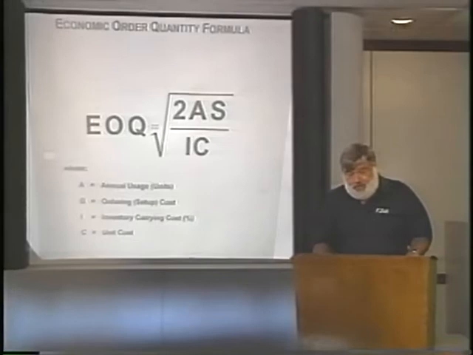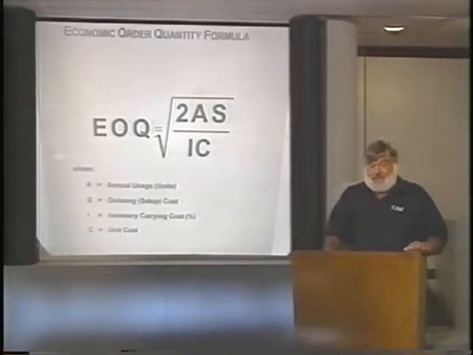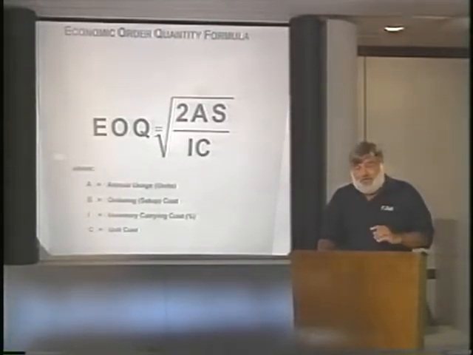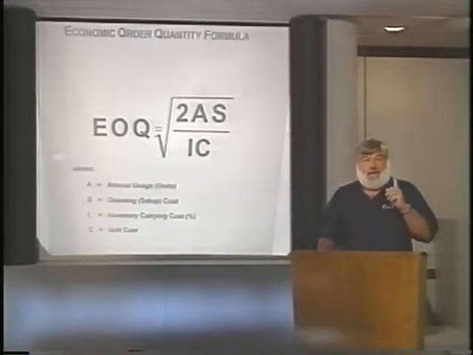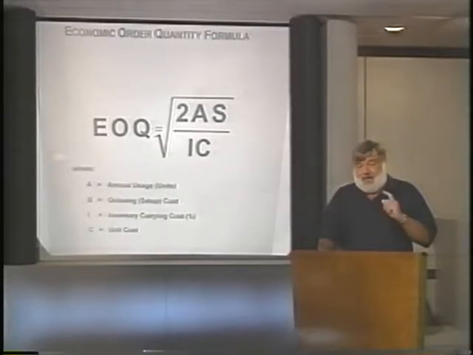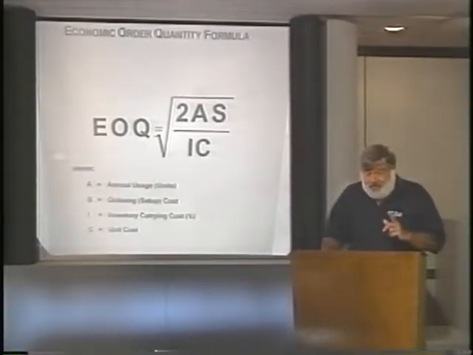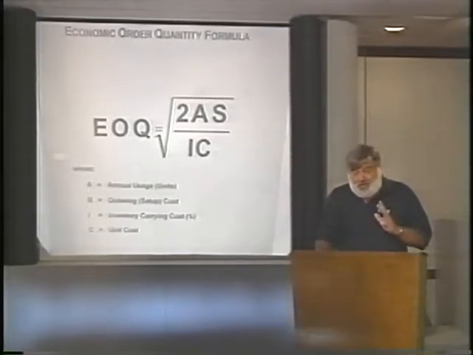So if you will, look at page 19. There's the formula, and there are the data elements that are within the formula. Now, we know that A is our annual usage value. We know that C is the item cost. We also know that S is either the ordering or the setup cost.